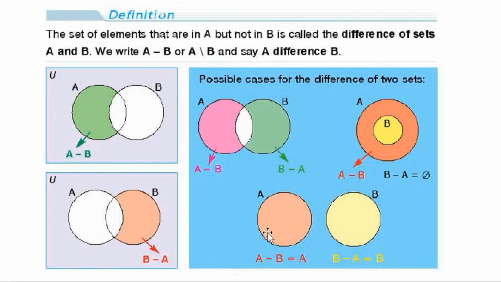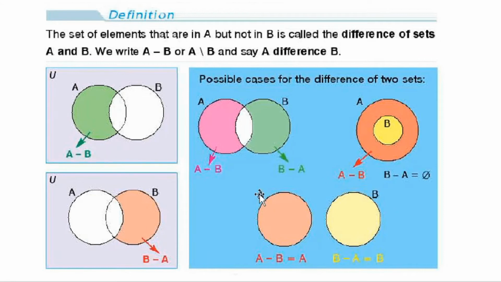We have another one. As you can see, there's no intersection between the two sets A and B, so A difference B is just equal to A, and B difference A is equal to B.